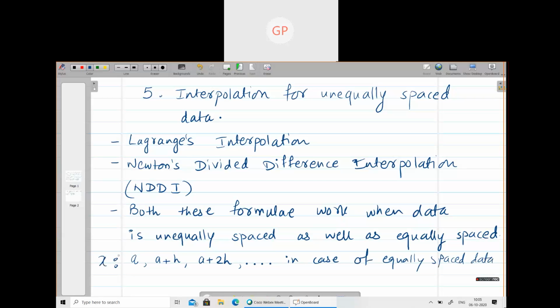You used to take x values as a plus h, a plus 2h, because you knew that the difference between two consecutive x values is h. Here also, a plus 2h minus a plus h becomes h. So you knew that the difference is constant. That's why we call it equally spaced data. And h plays an important role in your formula, right? Yes or no?